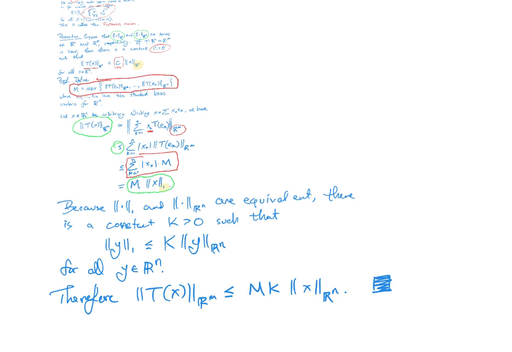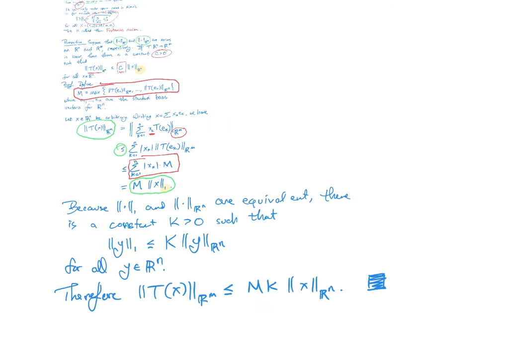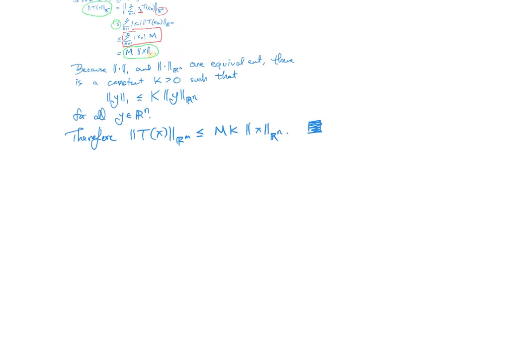Okay, now we proved this result in this extreme generality of any two norms. Now we're going to specialize, we're going to have the two norm everywhere. So the two norm on the domain and the two norm on the codomain. This is linear transformations between Euclidean spaces, because remember, Euclidean space means Rn with that two norm.